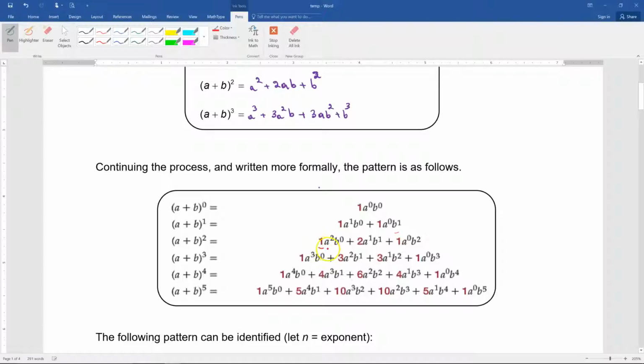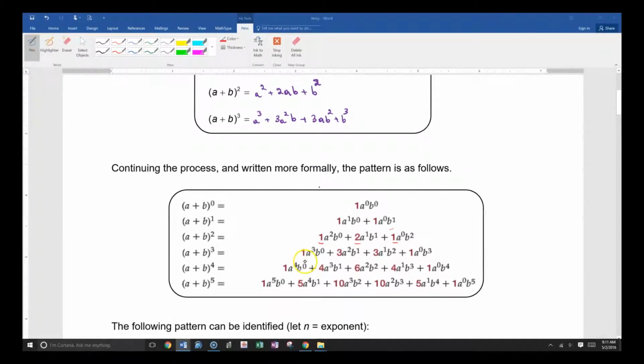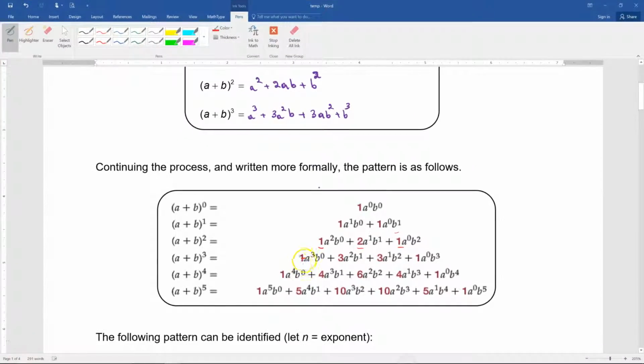The third one, the coefficients are 1, 2, 1, and look at the exponents, a squared, ab, b squared. All right? Well, what are we getting at? Look at this one. The coefficients are 1, 3, 3, 1. And what about here? 1, 4, 6, 4, 1. Do you see a pattern? Is there a pattern?